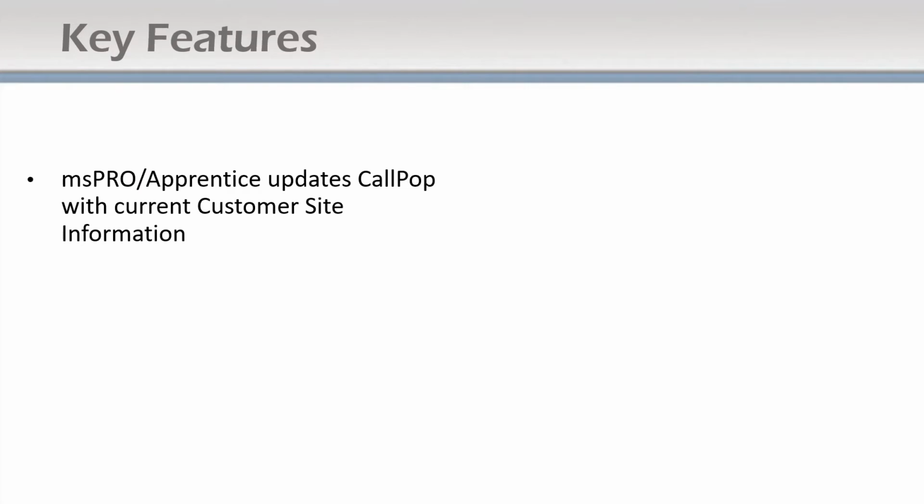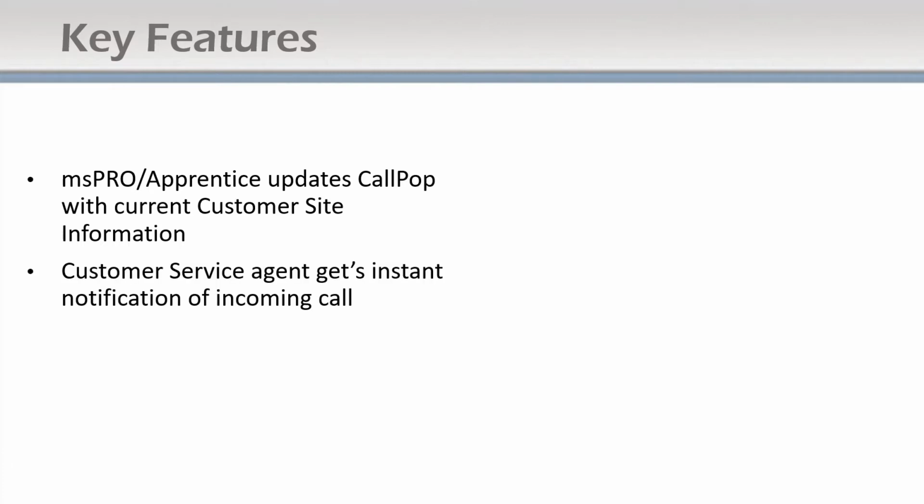Some of the key features I want to cover right up front. The first one is myServicePRO and Apprentice update Callpop with all the current information from the customer site. That information is available to the agent, and they get an instant notification when a call comes in, click the little button, and up comes that information for them to see.